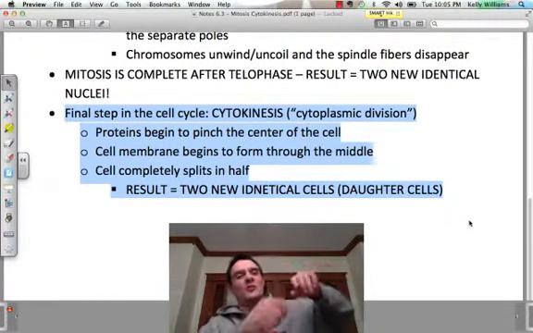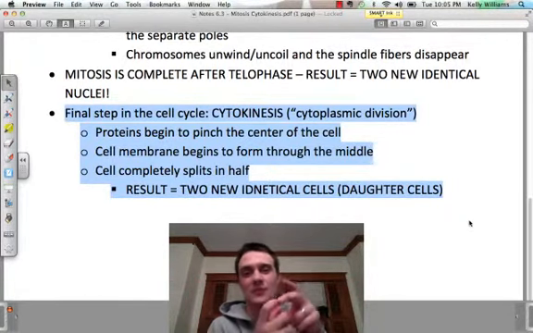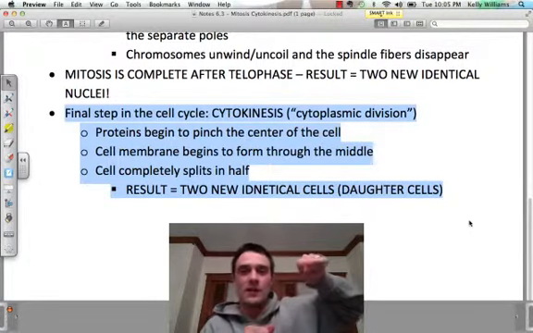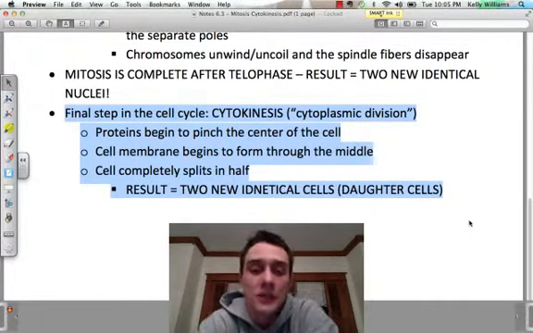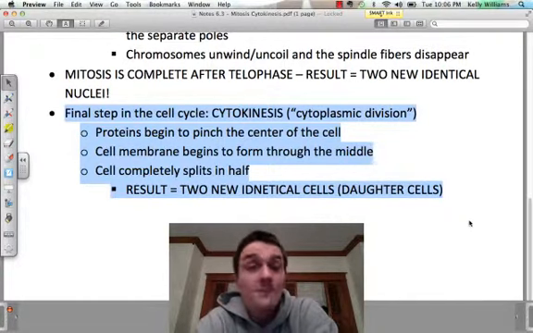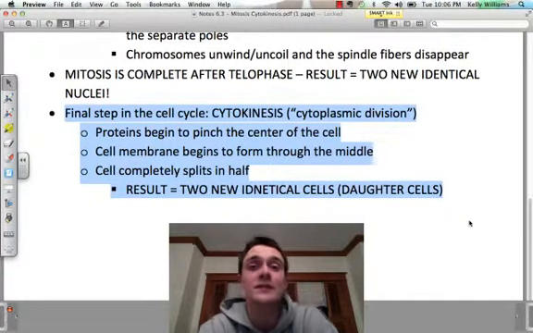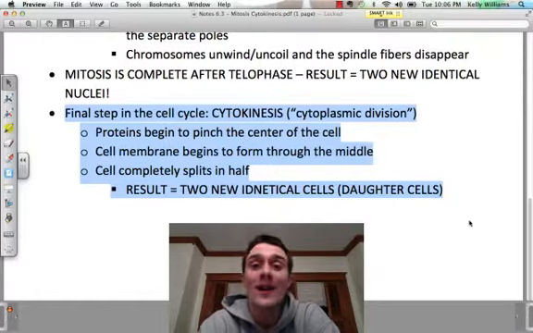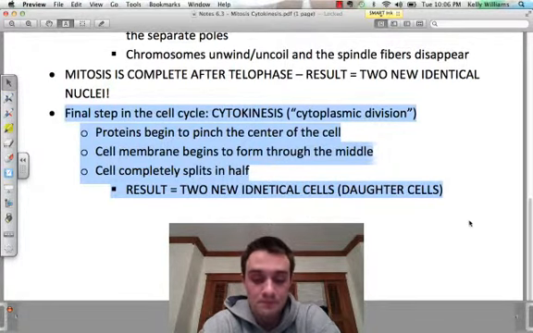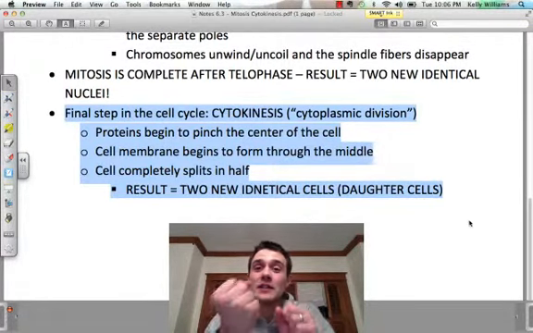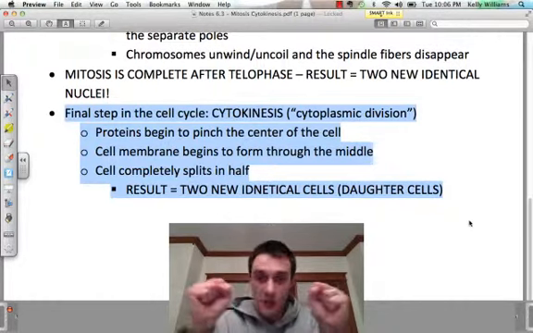It's almost like one of those little plastic zip strips that you zip and tie something tightly with. That's what's happening to the cell as it splits during cytokinesis. The final product of cytokinesis is 2 new identical cells, and we call those cells daughter cells. So we've got the parent cell that splits into 2 new daughter cells.